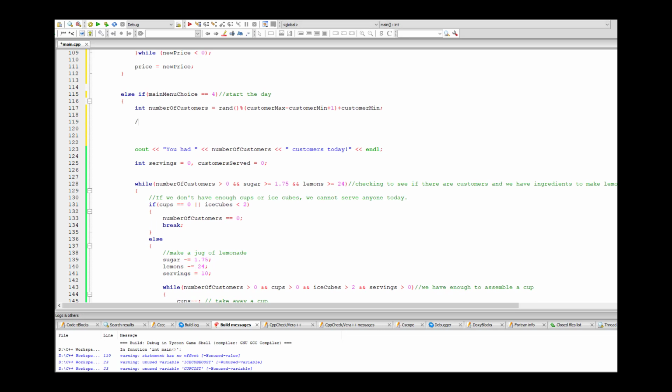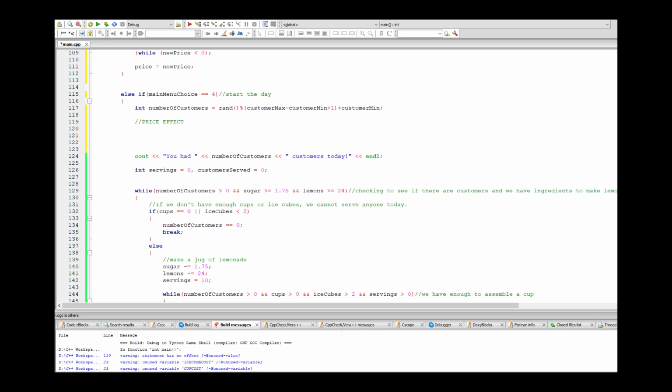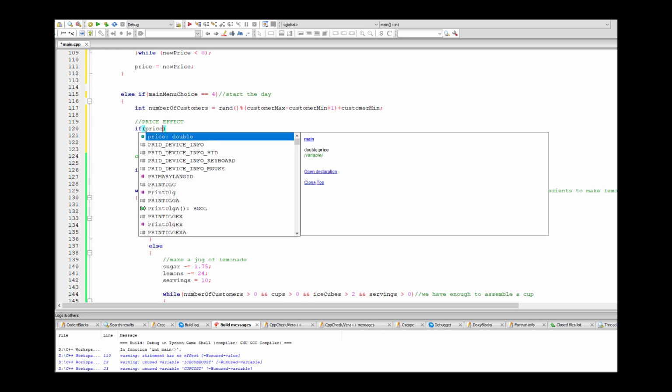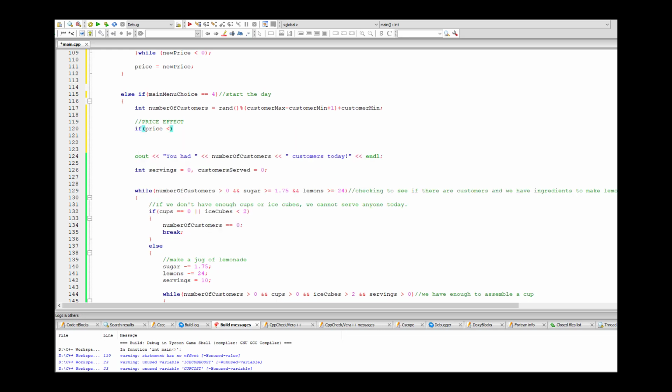Okay, so what we'll do is we'll say price effect. Okay, so how do you make the price affect the customers? Okay, so what we're going to do is we're going to say if the price is less than or equal to 1, or let's just say less than 1.395, or let's say 1.395.